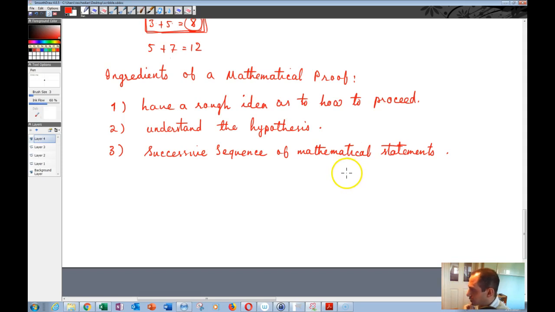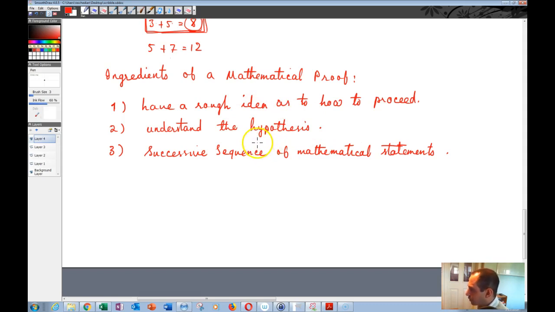is logically deduced from a previous statement in the proof, or from a theorem proved earlier, or an axiom, or our hypothesis. So as you have a successive sequence of mathematical statements, each of these statements is logically deduced from a previous statement in the proof, or from a theorem proved earlier, or from an axiom, or from the information that has been given to us in the hypothesis.